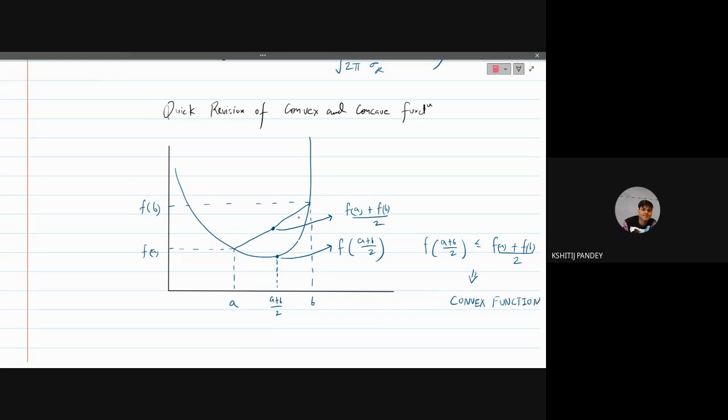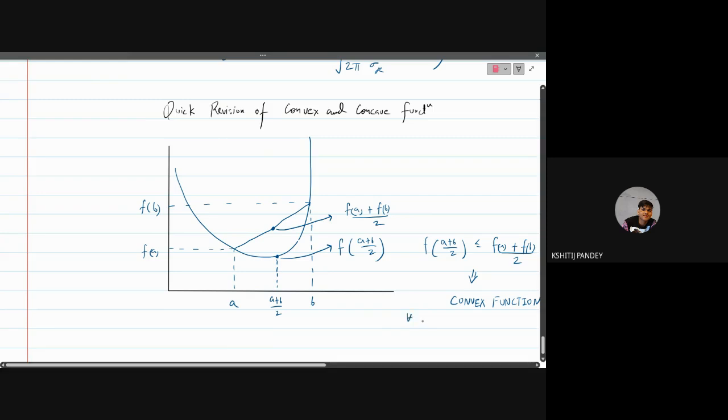Okay, so is this clear? This holds for all A and B.